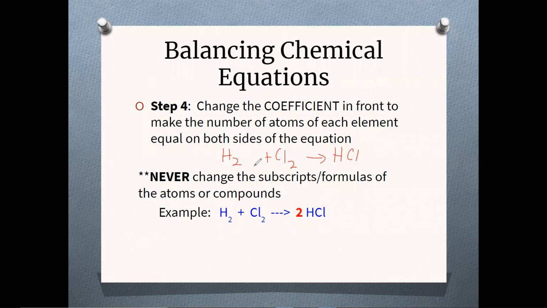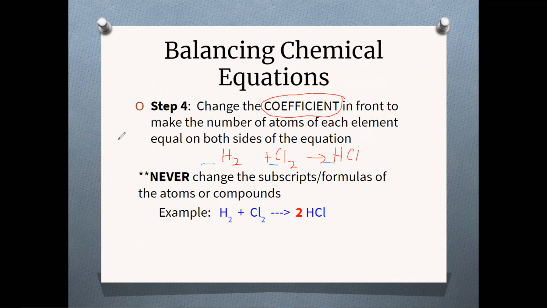So once again, we have 2 of each thing on the left. We only have 1 of each thing on the right. You can change the coefficients that are in front of the molecules. So there's essentially this blank space in front of each molecule here, here, and here, where you could theoretically put a coefficient.